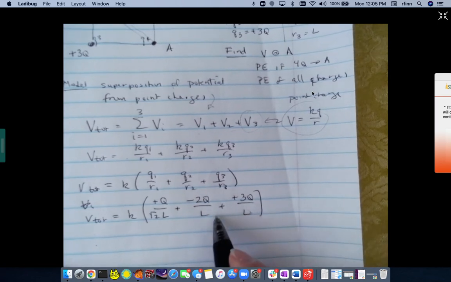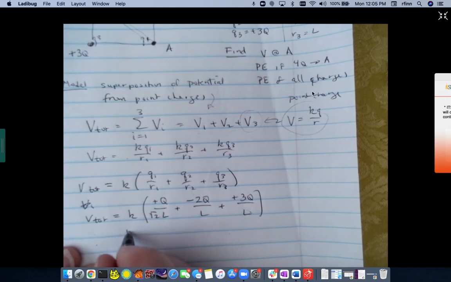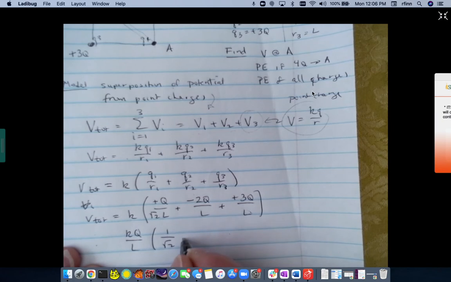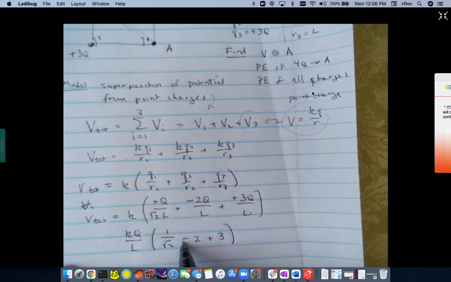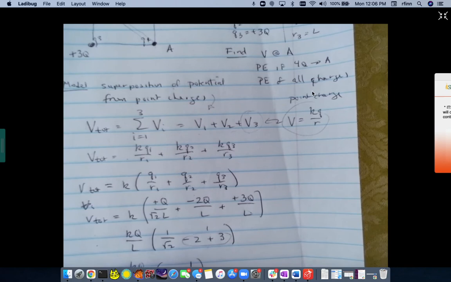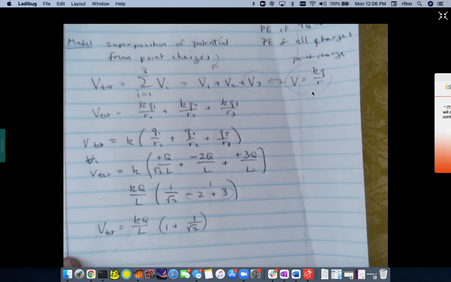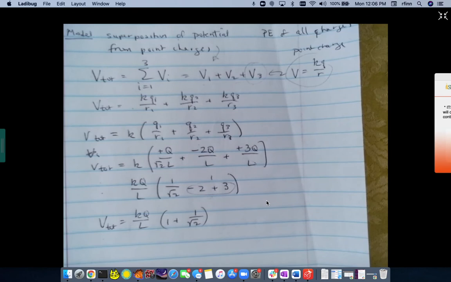So we can now also factor out a Q over L. So I get K big Q over L, and then I'm left over here with 1 over the square root of 2 minus 2 plus 3. These two would be a 1. So I get 1 plus 1 over the square root of 2, times KQ over L. And I think we can leave it like that. That's okay with me. Or you could plug in if you want to get an actual numerical answer. So let's just leave it like that for now.